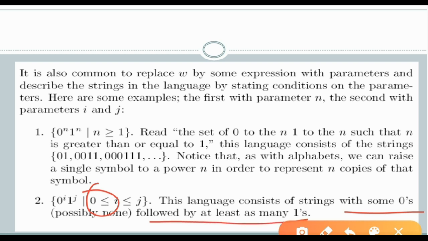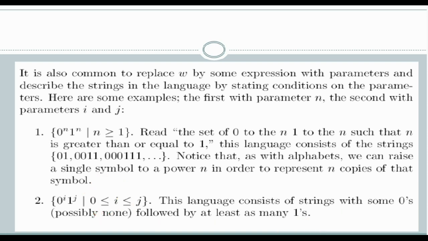many ones. The j value is always greater than or equal to the i value when you compare them, so you're satisfying the condition 0 less than or equal to i less than or equal to j. You can take any value.